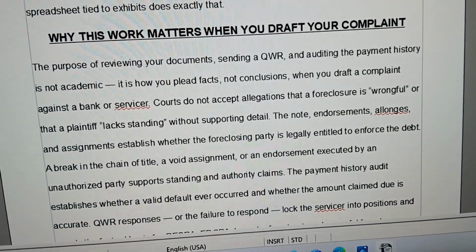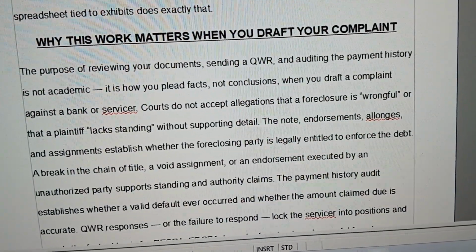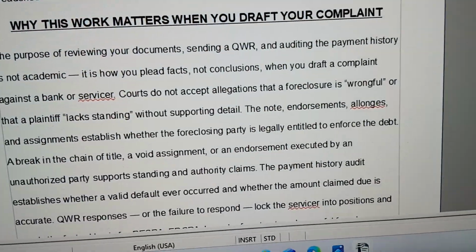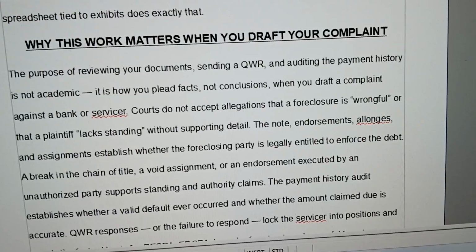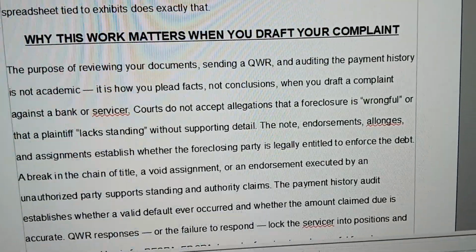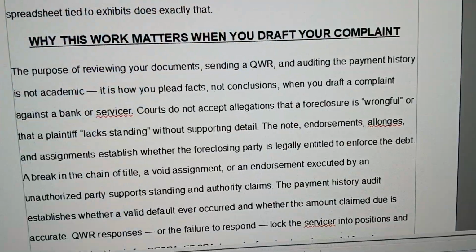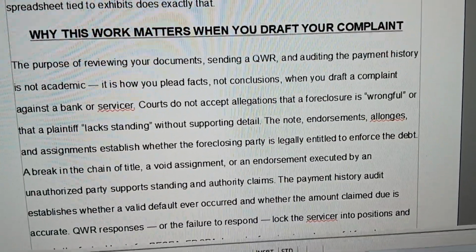When you draft a complaint against a bank or servicer, courts do not accept allegations that a foreclosure is wrongful or that a plaintiff lacks standing without supporting detail. The note, endorsement, allonges, and assignments establish whether the foreclosing party is legally entitled to enforce a debt. A break in the chain of title, a void assignment, or an endorsement executed by an unauthorized party supports standing and authority claims.